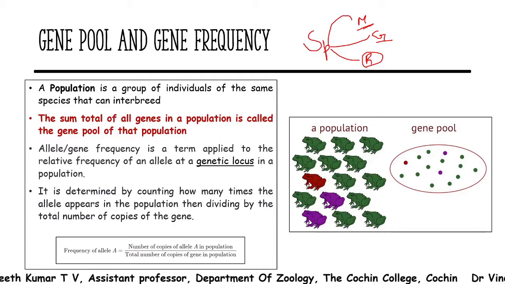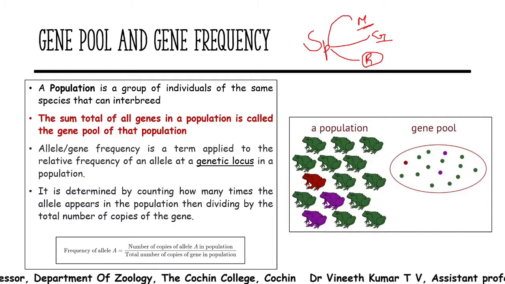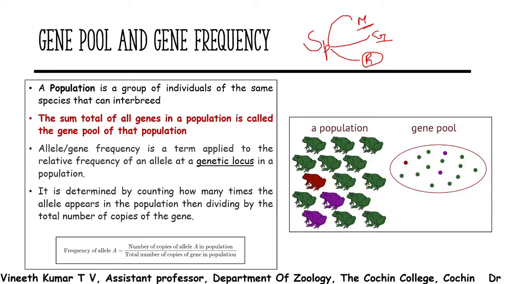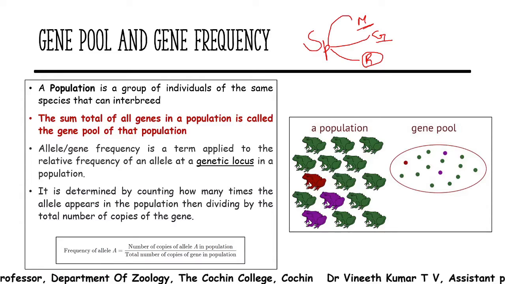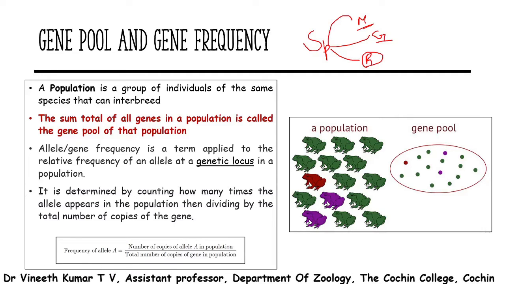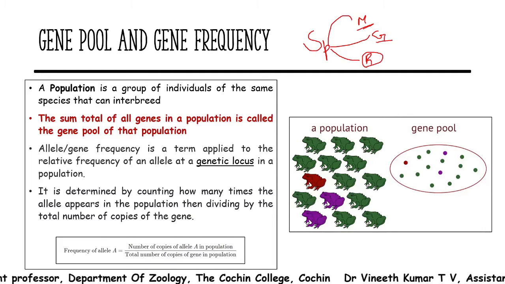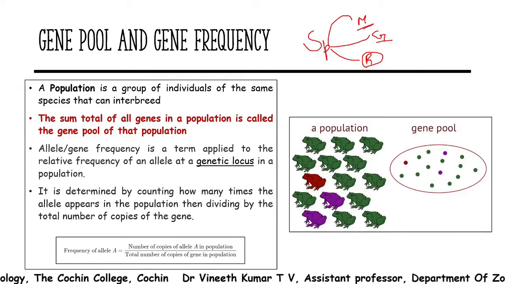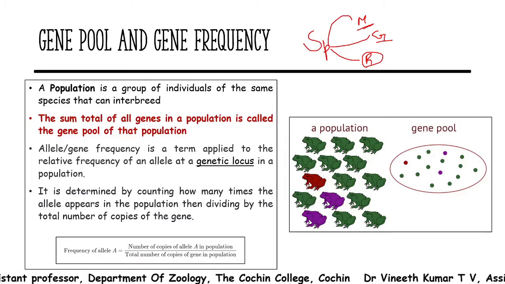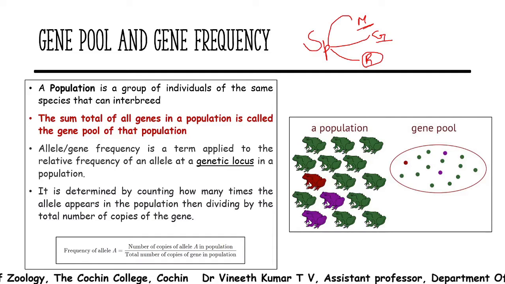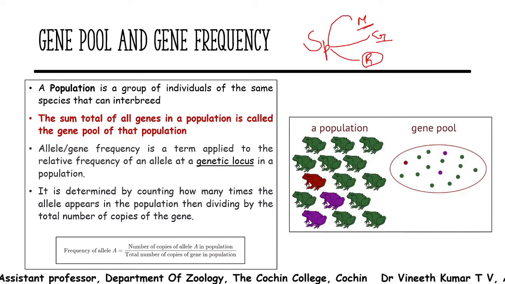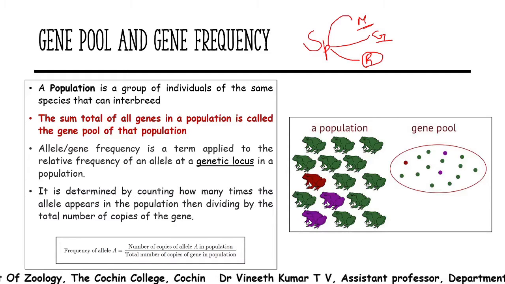Coming to the terminology, a gene pool is the sum total of all the genes in a population. So we defined what a population is, and the sum total of all genes in a population is referred to as the gene pool of that particular population.